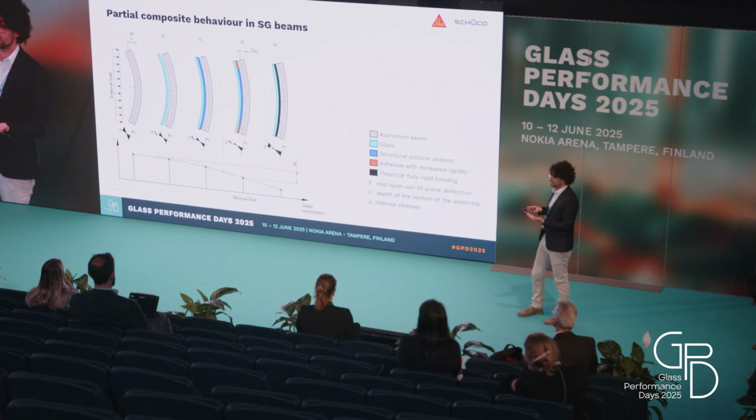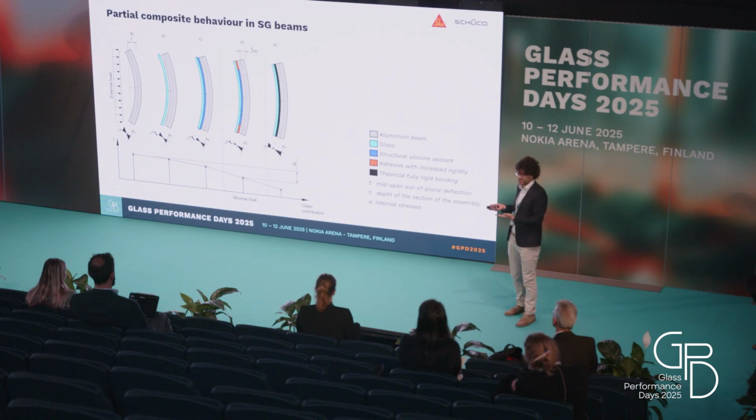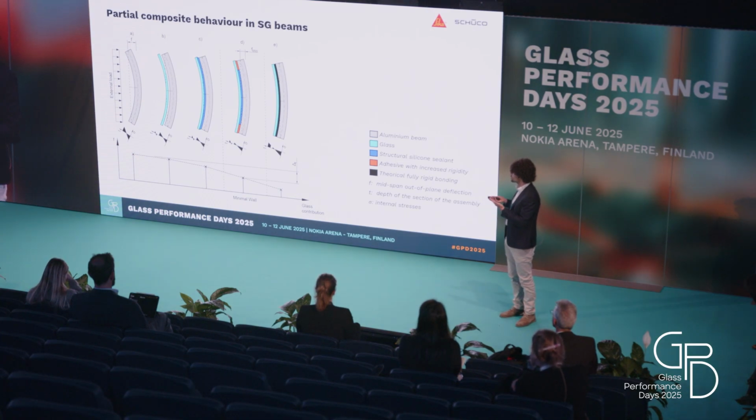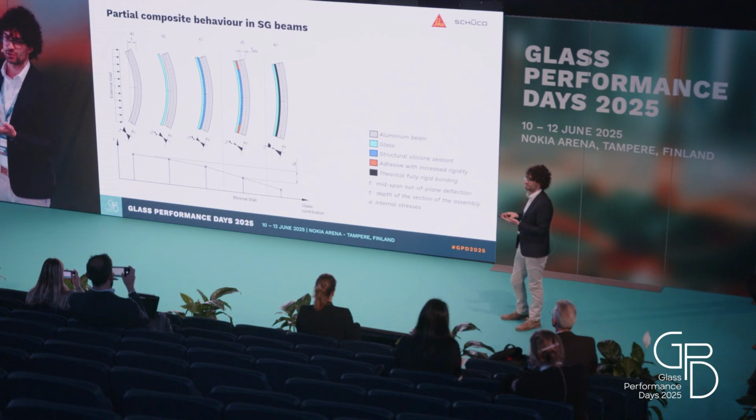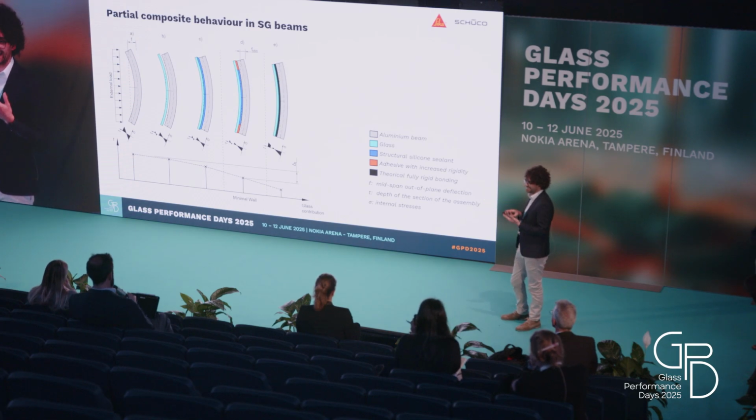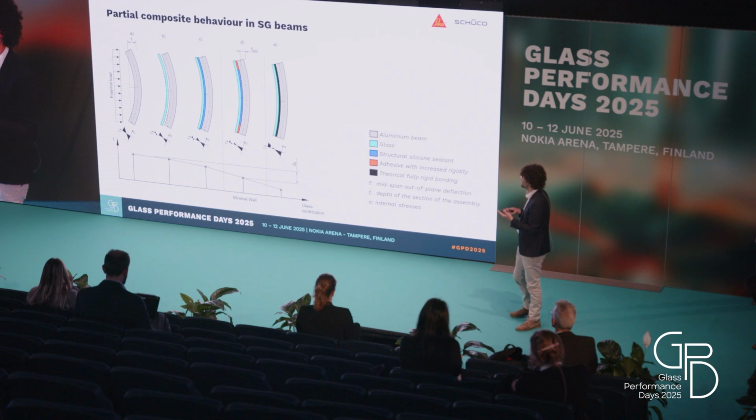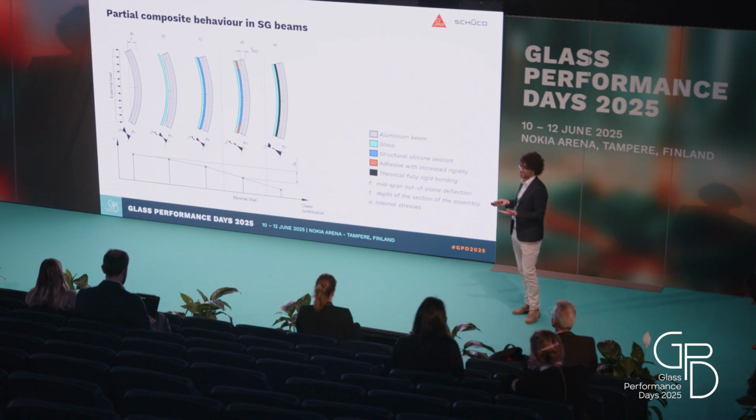So the technology and the innovation that we developed is what we call minimal wall. It consists of introducing a dual sealant system in which we have in the central part still normal structural silicone, and at the edges of the beam, and of course when you think of a unit, at the corners of a unit, an increased rigidity adhesive.